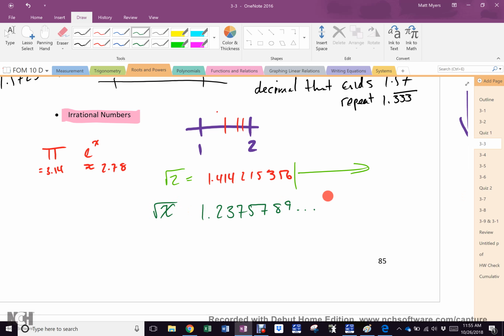Now, let me ask you this. Is the square root of 4 rational? Of course it is, because what is it? 2, right? Okay. What about the square root of 9? 3. It's rational. Okay. What about the square root of 1.44? It's rational because it is 1.2.